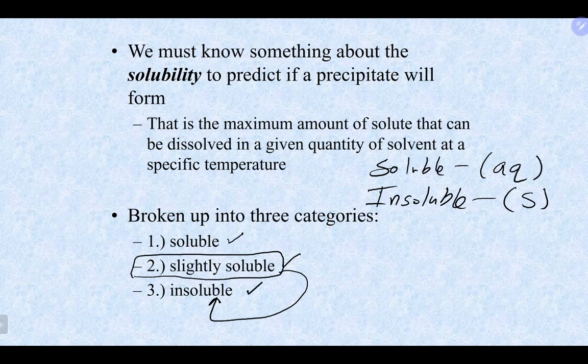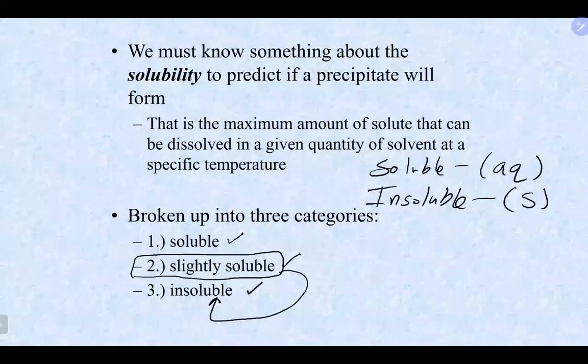It's going to be super, super small, but there's some degree of it that's going to dissolve. But it's so small, it's basically considered insoluble. You'll learn more about that when you go to 1B and talk about solubility. Even things that are technically insoluble have some degree of solubility, but it is super, super small, which is why it's considered to be a solid that will form.